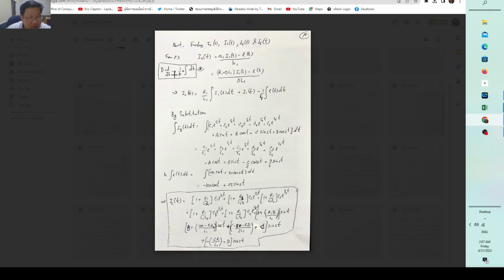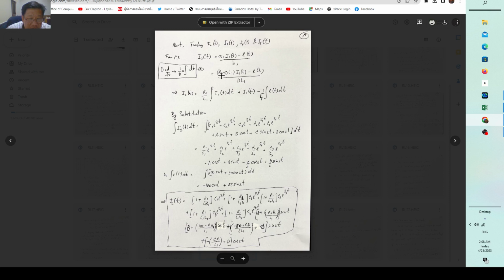This is basic calculus that you should know. The inverse of derivative is integration, and also the inverse of integration is derivative, back and forth. So you can see that we can simplify this. This is what I'm going to do.